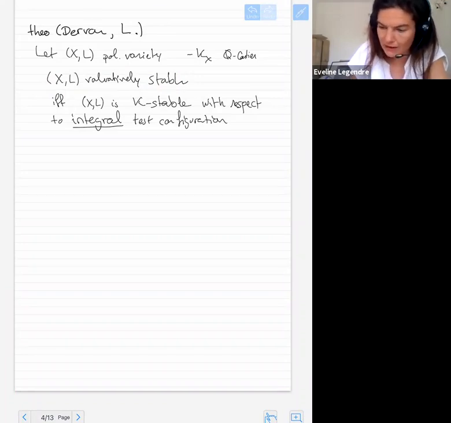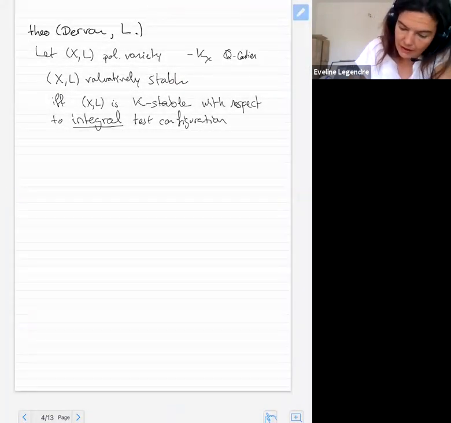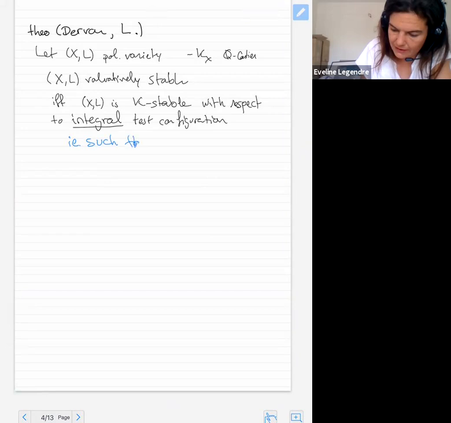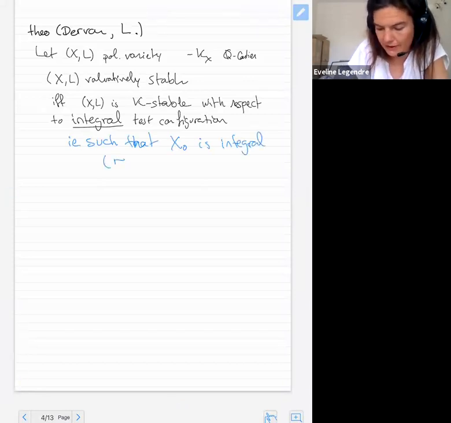What we mean by that is test configurations such that the central fiber is integral, that is, reduced and irreducible.